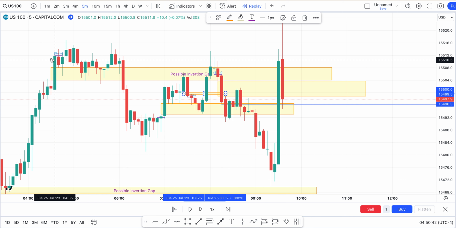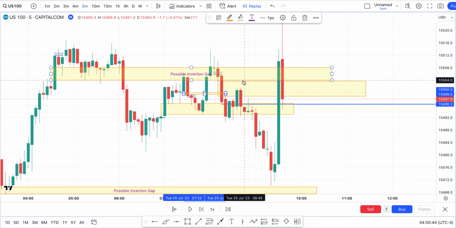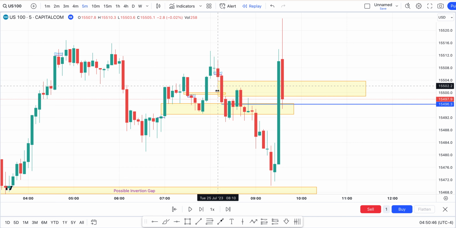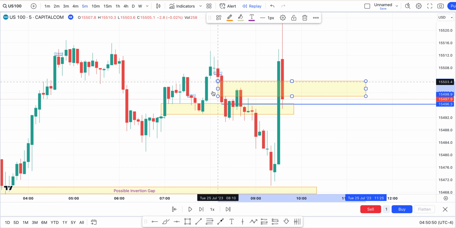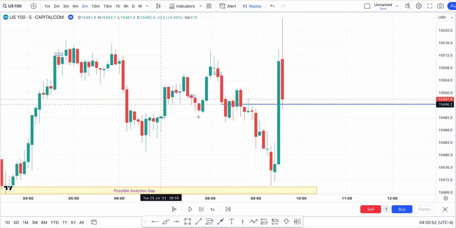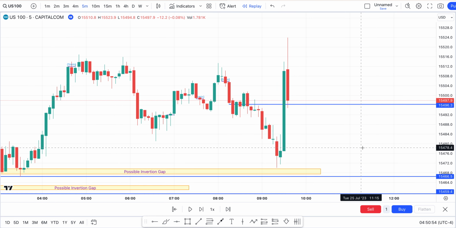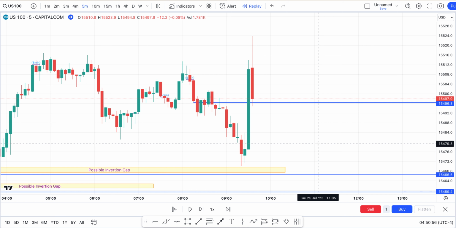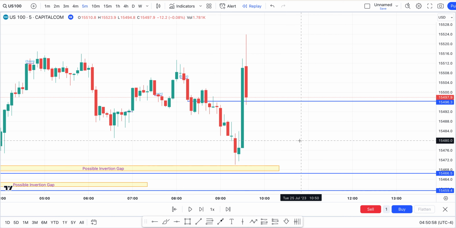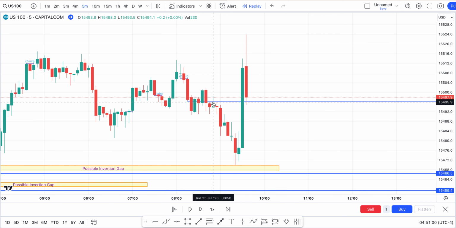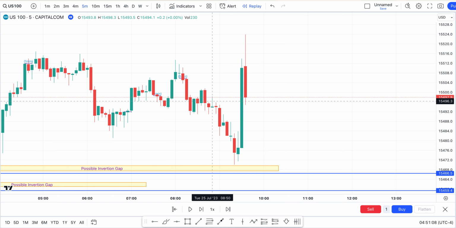This one now got invalidated. I'll actually move the ones that are invalidated. This one, invalidated. I'll remove this line as well.